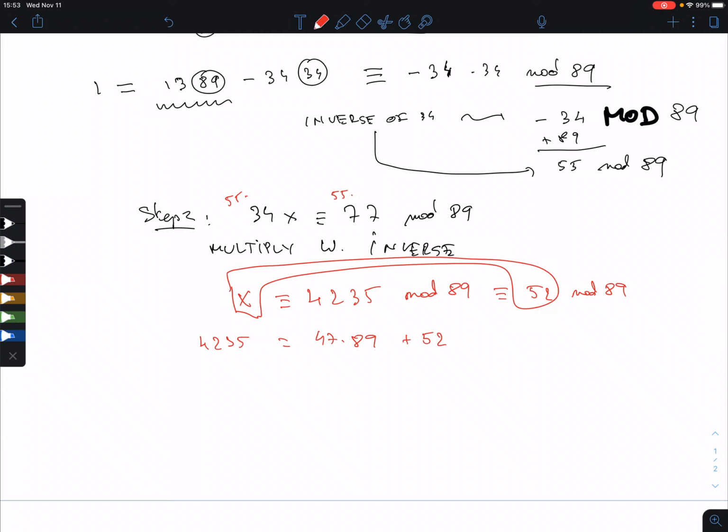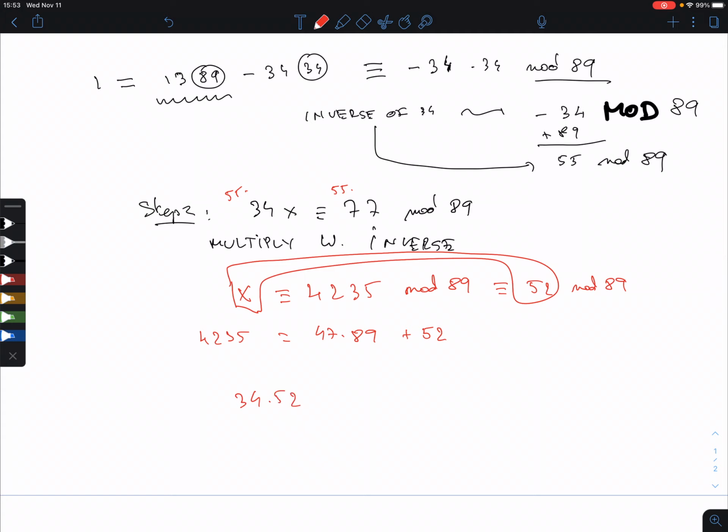And we can check this. So what is 34 times 52? Let's calculate this. 34 times 52 is 1768. Is this equivalent to 77? How do you check that this is equivalent to 77 mod 89? It's very simple. To check an equivalence, you don't have to calculate this mod 89. Sure, but you can do it simpler.